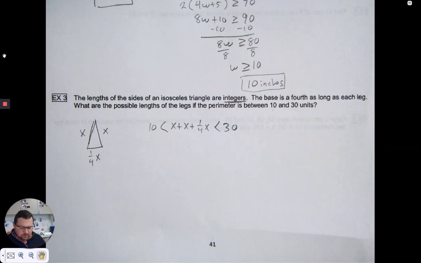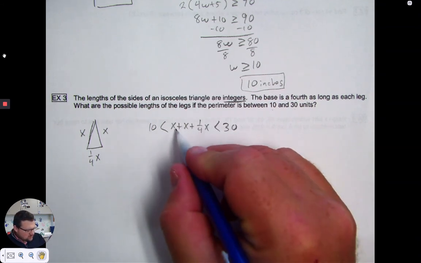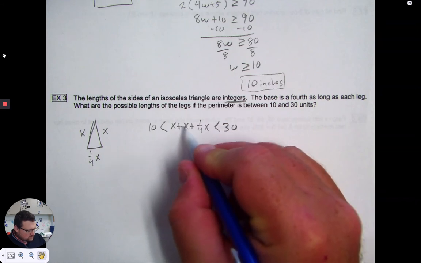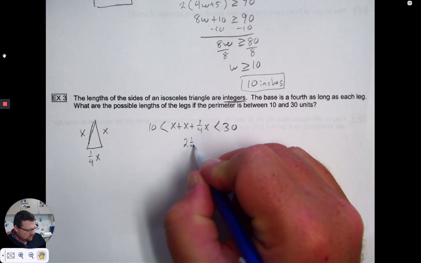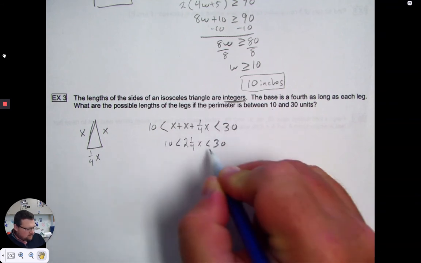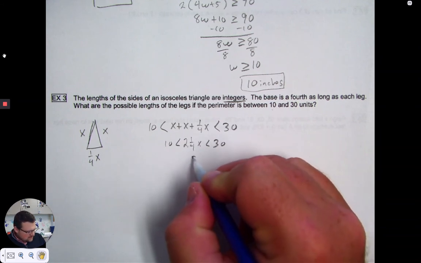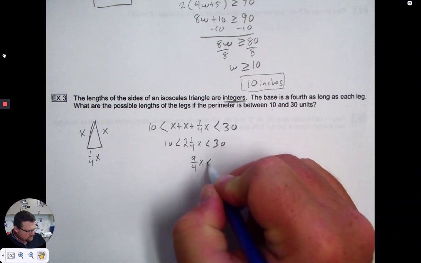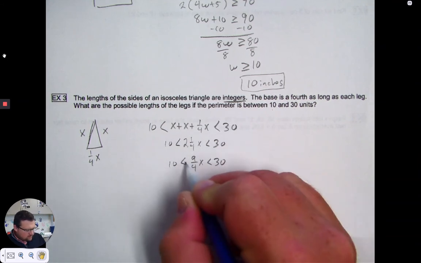You can work with the fraction or get rid of it; I'm just going to work with the fraction. x plus x gives me 2x, and then 1/4 x gives me 2 and 1/4 x. But we want to put that into an improper fraction: 2 times 4 is 8, plus 1 is 9. So this is 9/4 x, and it has to be less than 30 but greater than 10.